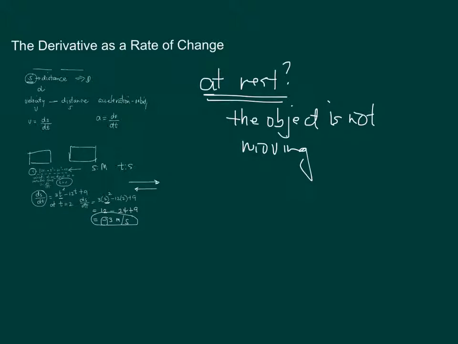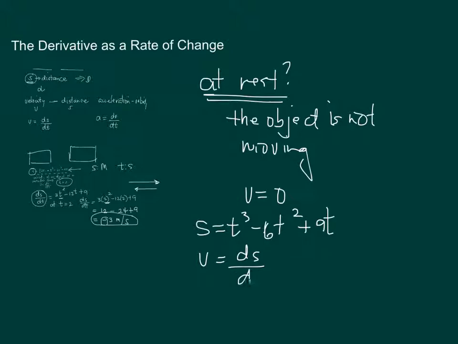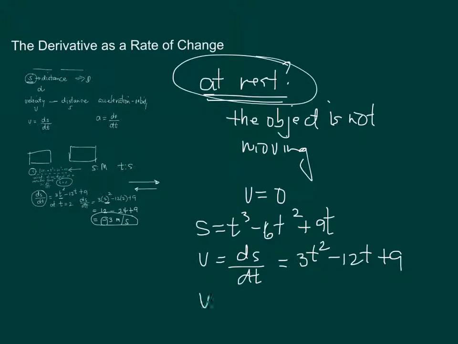So when the object is not moving, that means the velocity is equal to 0. Given that the distance is t cubed minus 6t squared plus 9t, and we found the velocity, ds over dt, to be 3t squared minus 12t plus 9, the object will be at rest when 3t squared minus 12t plus 9 is equal to 0.